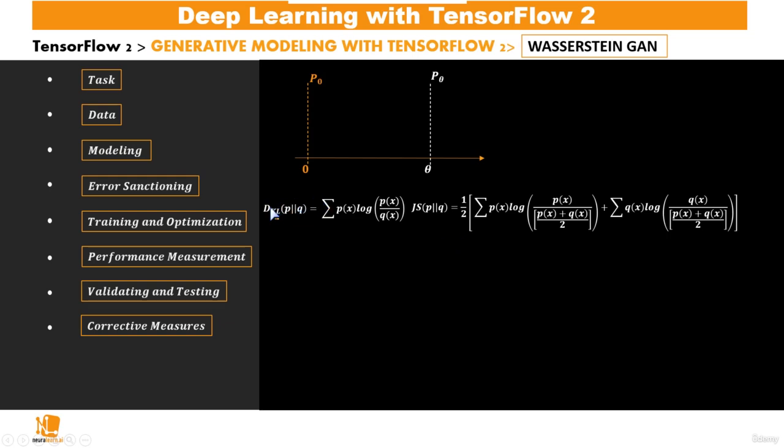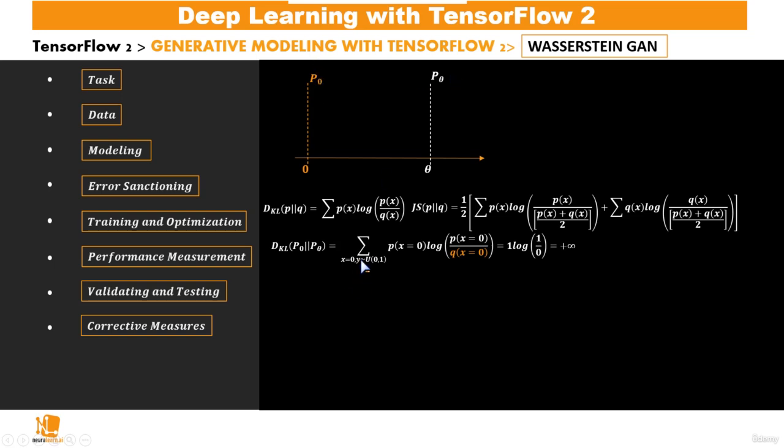We had defined the KL divergence to be this, the JS divergence to be this. We have seen this already. Now let's calculate the KL divergence, where we have P0 and P theta. So we have this P0 distribution, and then the P theta distribution.